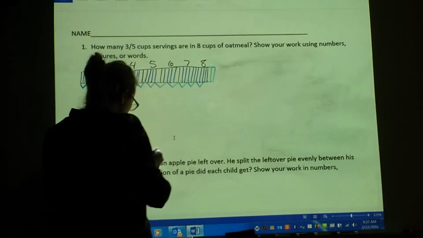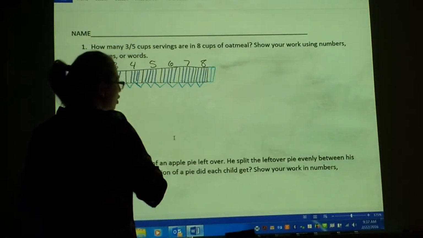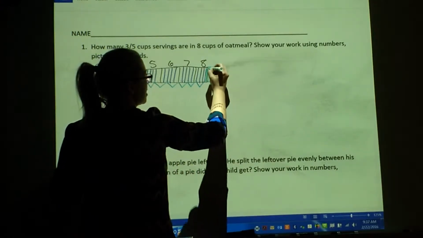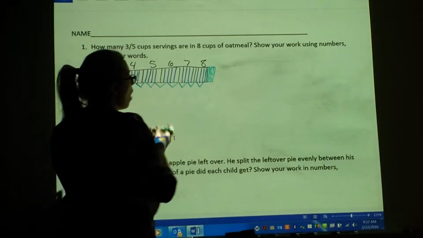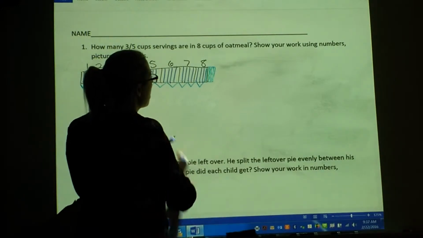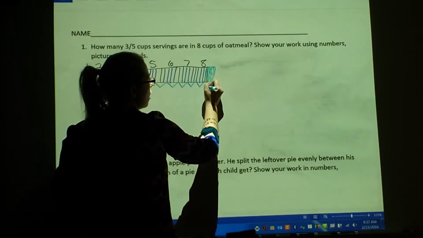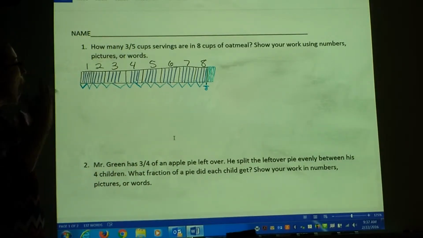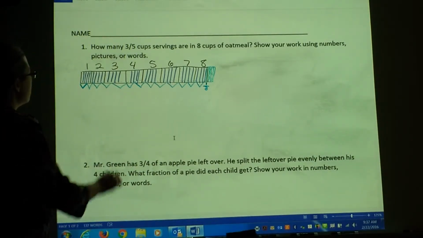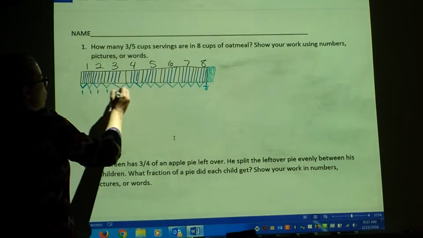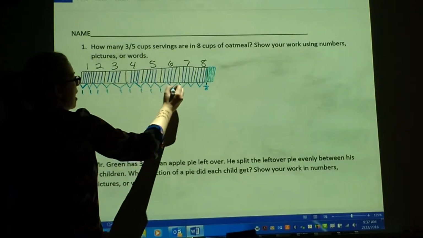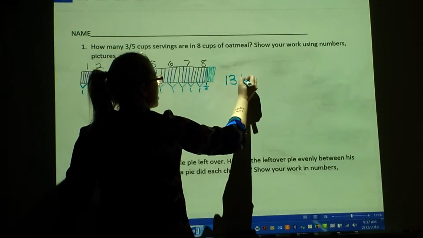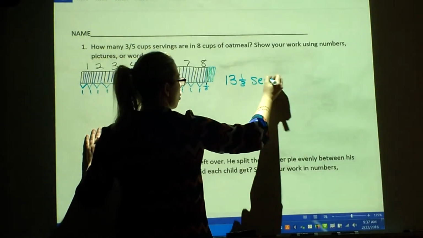So if I'm just zooming in and looking at just this section, the 1, 2, 3 section to make 3/5, well, how much is left over in my bar? In this case, there's only 1 out of the 3 pieces left over. So how many servings does that actually give me? 1, 2, 3, 4, 5, 6, 7, 8, 9, 10, 11, 12, 13, and a third. I can get 13 1/3 servings.